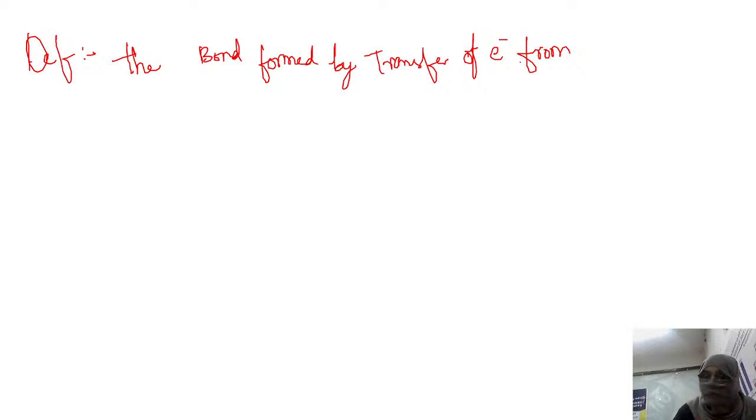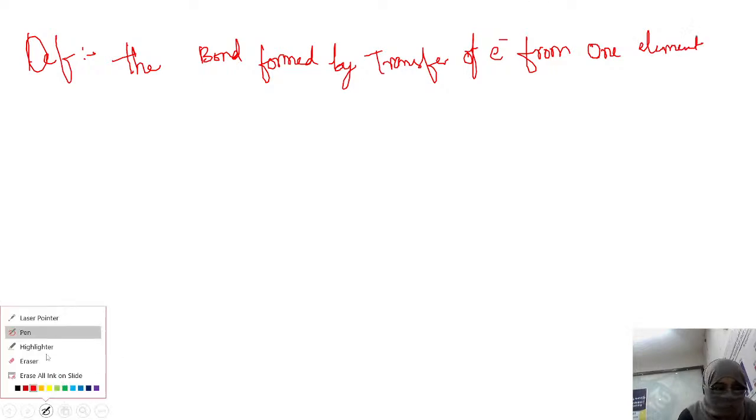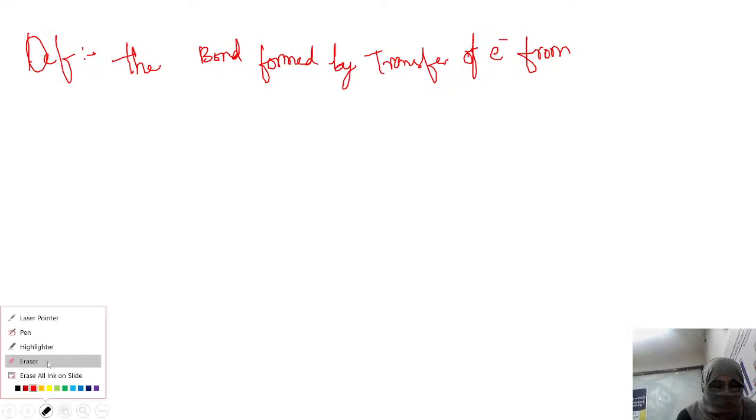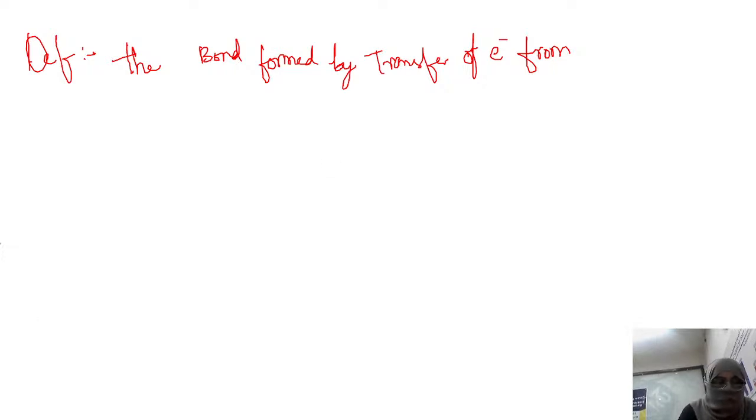The bond formed by transfer of electron, this is a short symbol I write for electron. Transfer of electron from where to where? From one atom to another atom, isn't it?